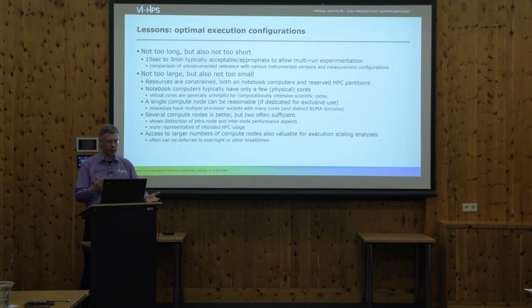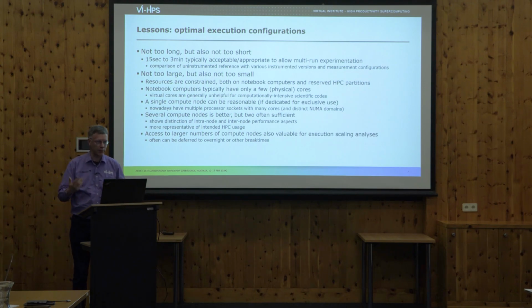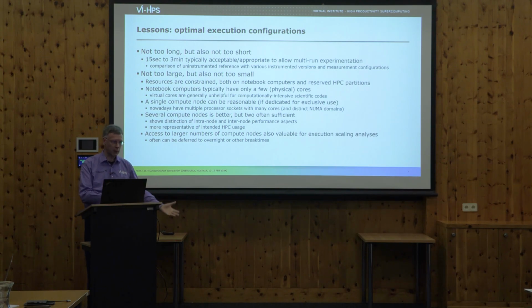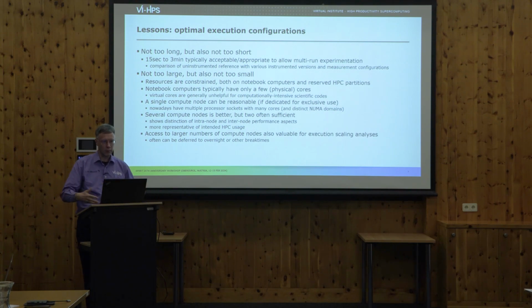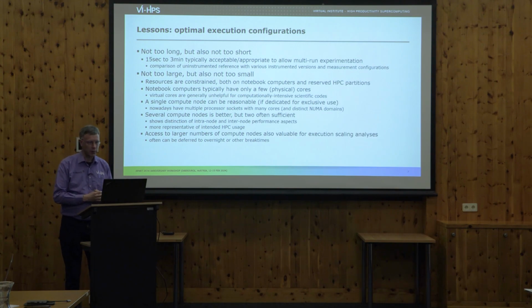To be able to run the application several times and apply different tools to it, we're really looking at something in the 1 to 2 minutes range, maybe 5 minutes. If it's running much longer than that, it's taking too long to give enough cycles of change and applying different tools. Whether you're changing the code, the instrumentation, or the measurement configurations, all of those require you to rerun the code, and if it takes an hour to run, then you just don't get enough cycles through that.